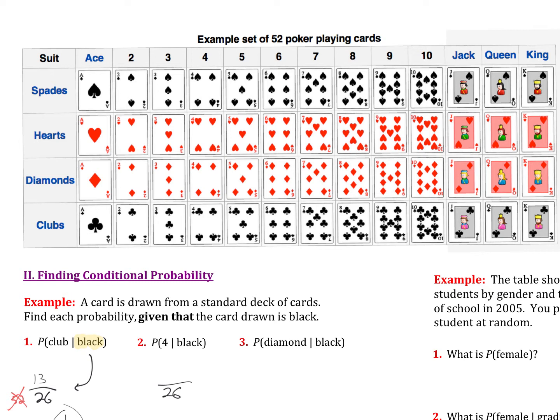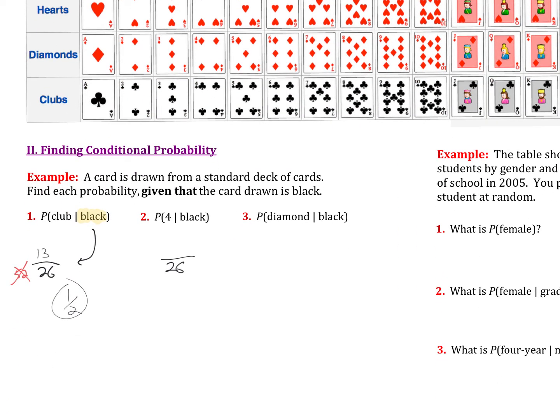Well, I'm only seeing 1, 2. I don't care about these 4s. These 4s are red. So out of only the black cards, I'm counting 1, 2 cards that have a 4 on it. So we would have 2 out of 26. And that, of course, reduces to 1/13.